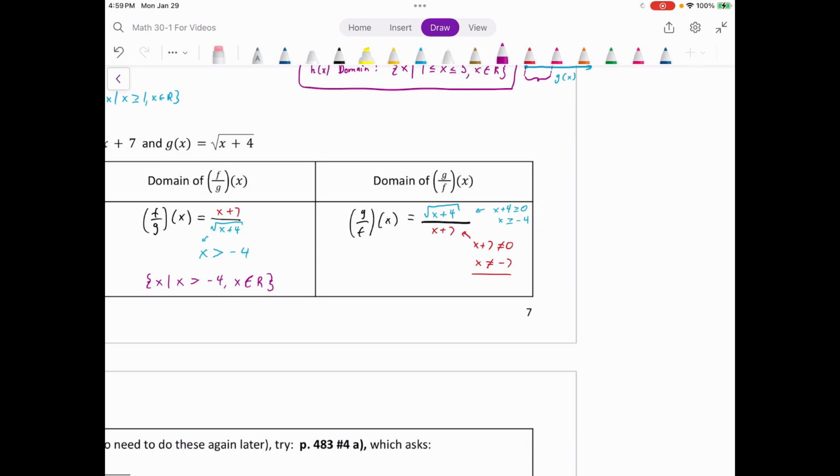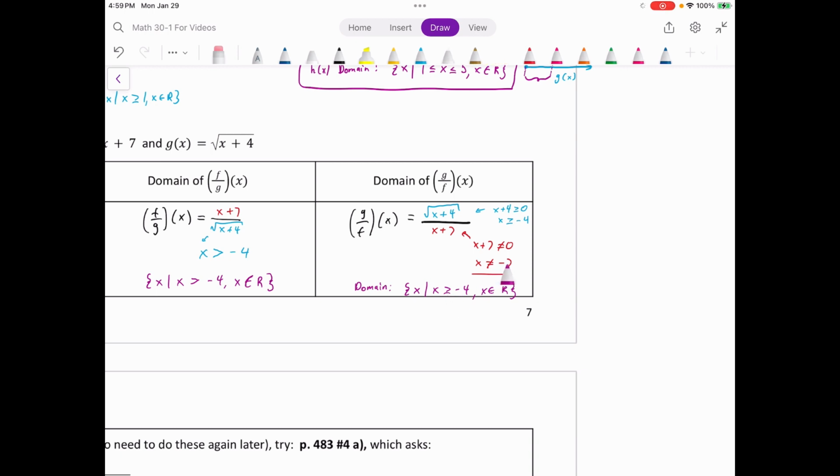But in this case, if I just say x must be greater than or equal to negative 4, I've actually taken care of both of them. No need to specify that x cannot equal negative 7, because this already tells us that x cannot be negative 7. X has to be greater than or equal to negative 4.